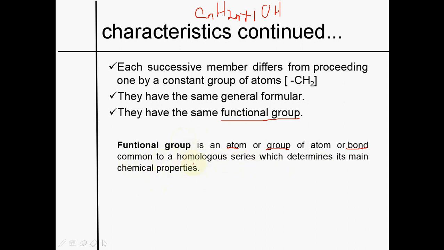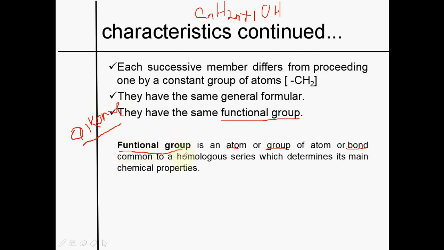If we talk of the homologous series called alkenes, you realize they have the same chemical properties. I think we talked about this one later. For all alkenes to have the same chemical property, it simply means they should have the same functional group.